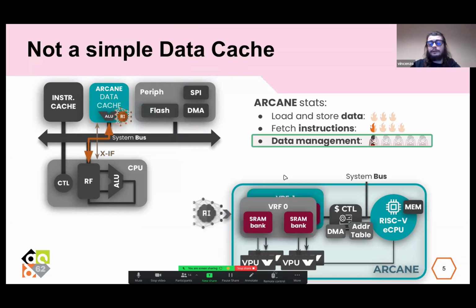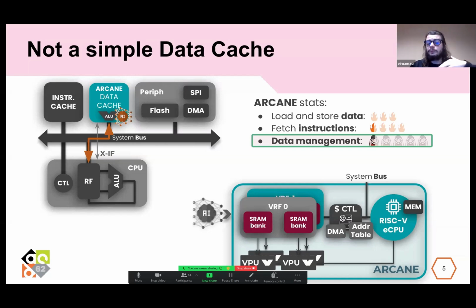Because let's suppose we want to offload a machine learning workload. Let's call it a generalized matrix multiplication. Then the host CPU will offload the instruction through the extension interface, and then Arcane, from this embedded CPU, will decide on which vector register file to run the computation. So it will choose that vector register file, and that one will be used for running computation.